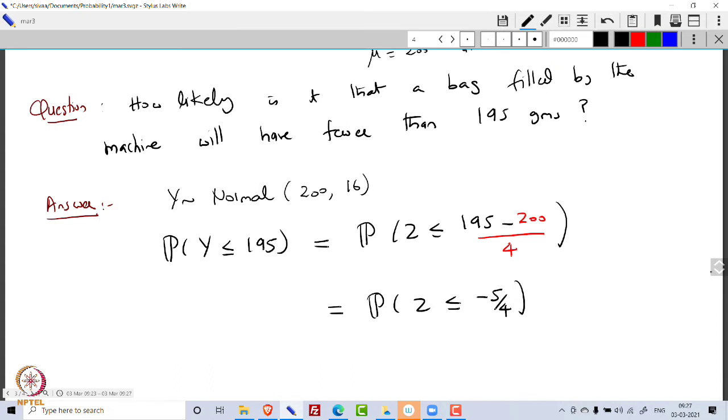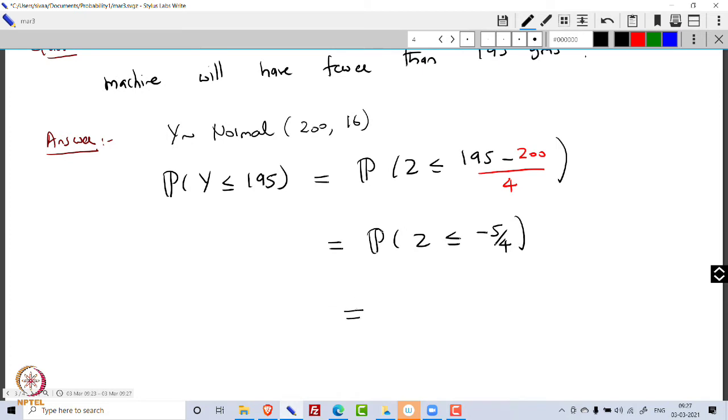But we already know from the facts of the probability density function of Z and the symmetry calculation that this is equal to 1 minus the probability that Z is less than or equal to minus of minus 5 by 4, which is just 5 by 4.